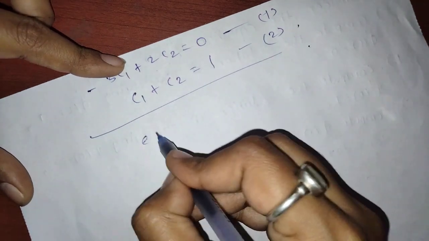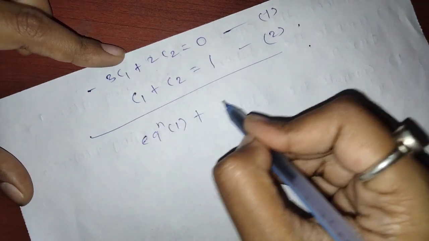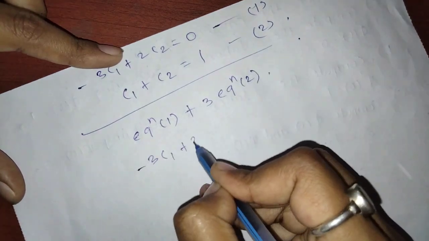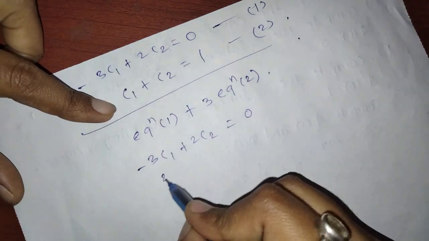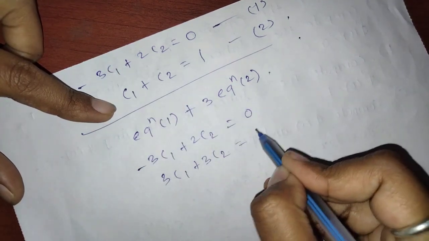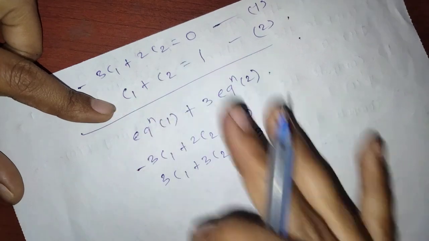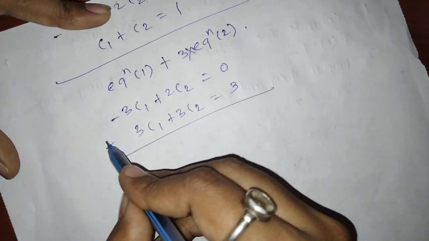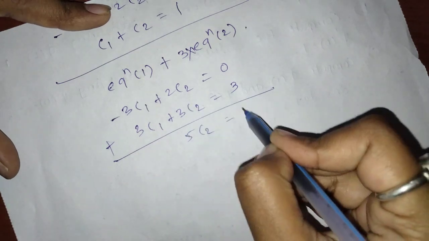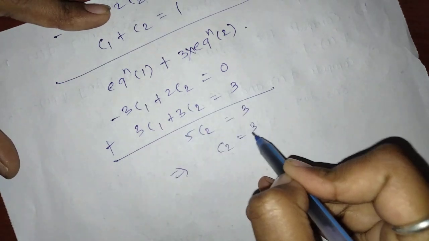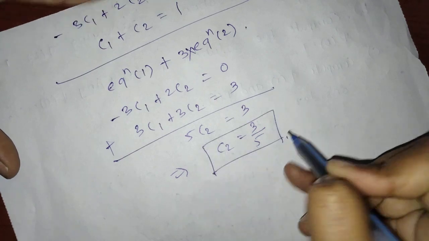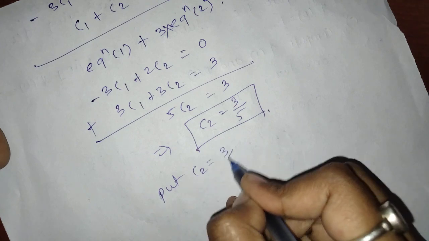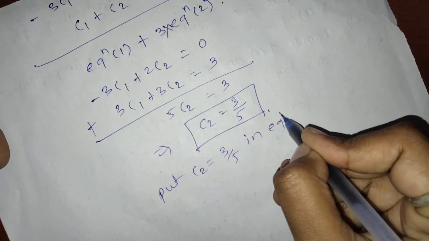Equation 1 plus 3 times equation 2 means -3c1 + 2c2 = 0, 3c1 + 3c2 = 3. Multiply 3 on both sides of equation 2. So add these two equations, you get 5c2 = 3, implies c2 = 3/5. Now put c2 = 3/5 in equation 2.